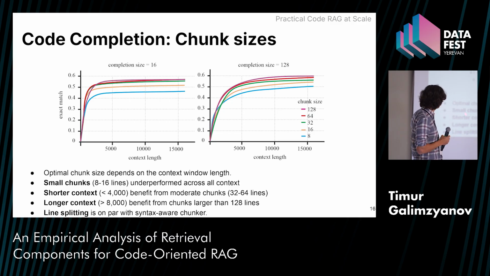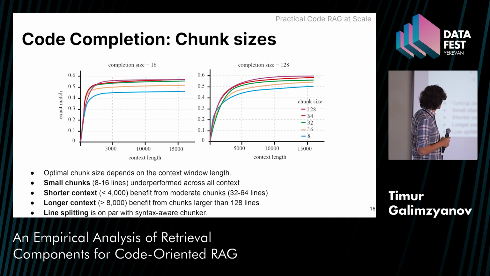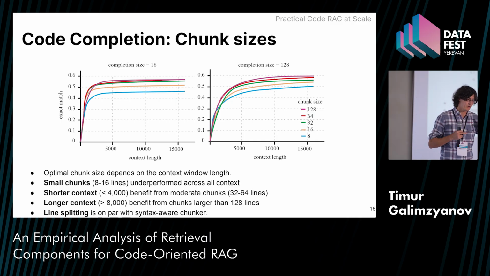But smaller chunks, from 8 to 16, work much worse. For longer context, more than 8,000, you would prefer larger chunks or even whole files. We also benchmarked line splitting against the syntax-aware chunker, and we found that it worked on par with syntax-aware. So there's really no difference. That means that in this task you would probably prefer the simpler and faster approach.